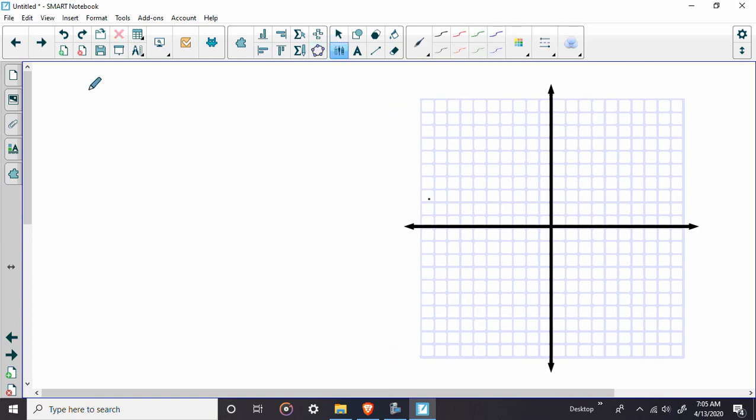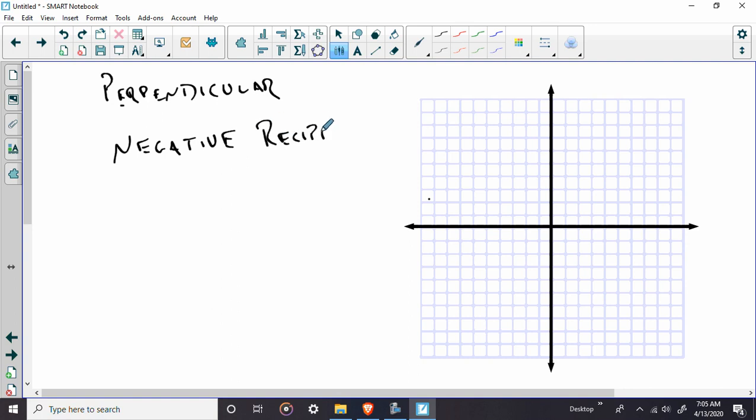So we got perpendicular. Okay, we're going to say they have the negative reciprocal slopes.